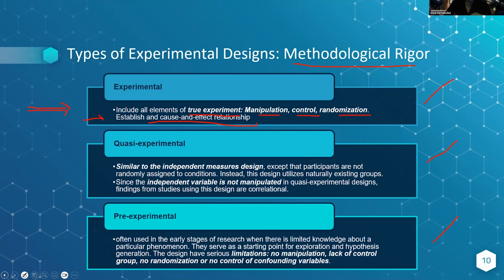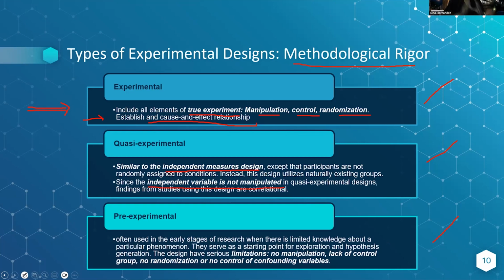Well, with less rigor, we have the quasi-experimental design. So this is exactly the same as an experimental design, particularly one that is called independent measures design, that I will describe next. So it is exactly the same as an experiment, but with one difference. The difference is that the independent variable is not manipulated by the researcher.